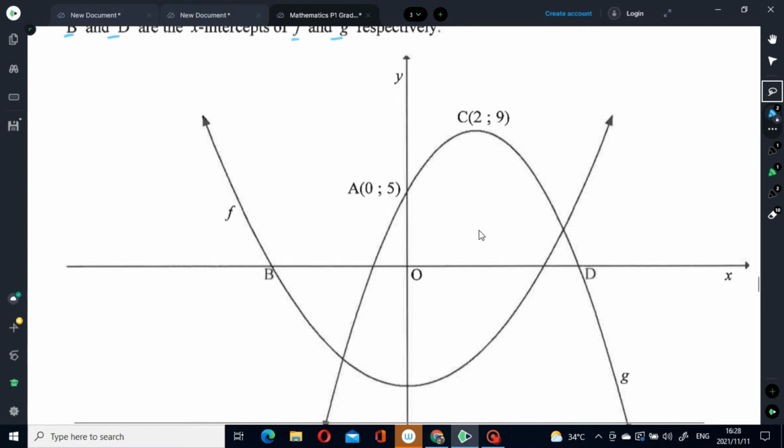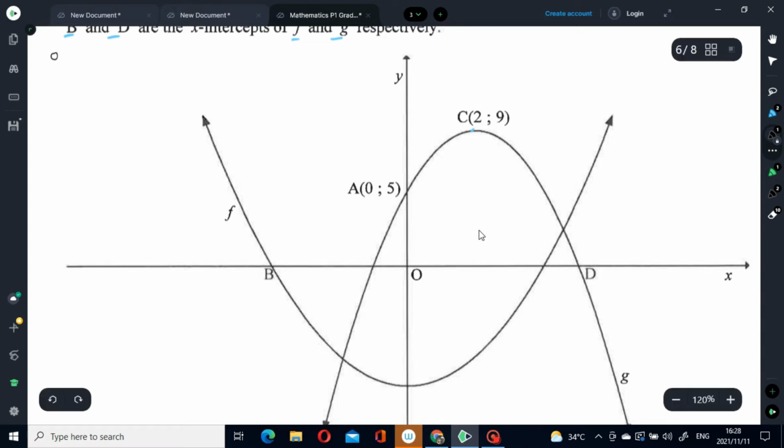It turns out that we have a turning point at C with coordinates (2; 9). So I think the appropriate formula to use would be the turning point general formula, sometimes referred to as the vertex formula, which is given as follows: g of x is equal to, I'm writing it in general form first, a(x minus h) the whole squared plus k.